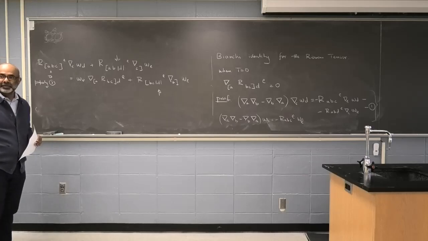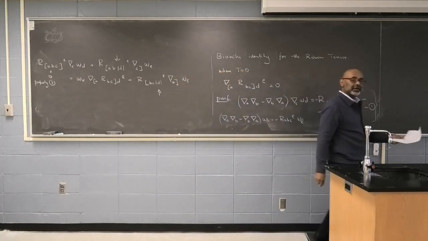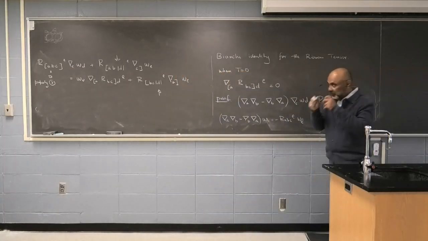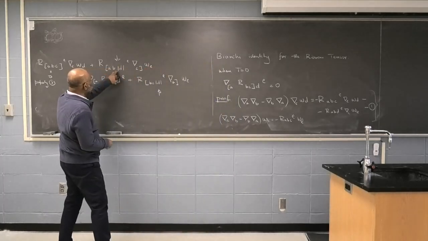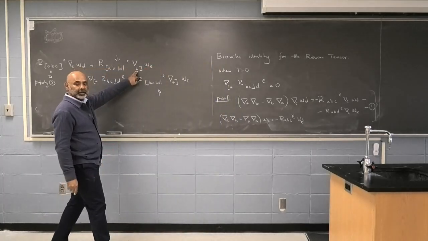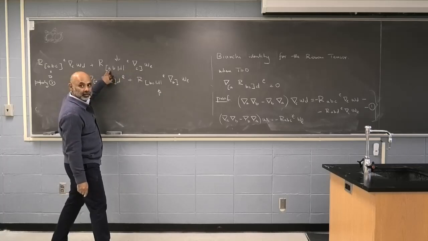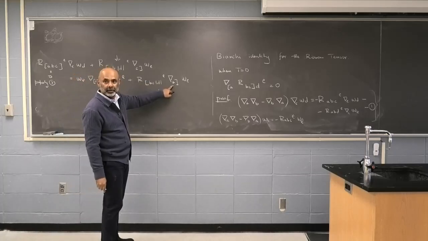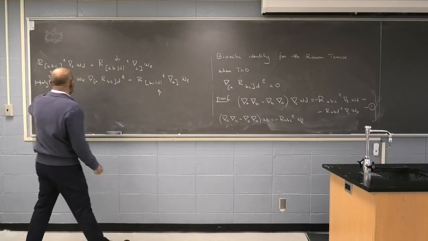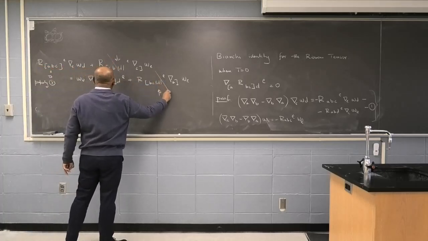Why is that? Because it's a cyclic permutation. If you expand it out, look, I have A, B, C. The next positive term is B, C, A. That is B, C, A. So this is equal to 0, and this is equal to that.